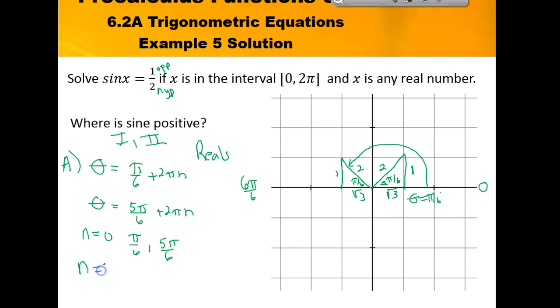But when n is 1, I'm going to get pi over 6 plus 2 pi. Well, 2 pi plus something is going to be over 2 pi, and we have to be between 0 and 2 pi. A good thing to look at is to change this. Since I know it's going to be something over 6, 2 pi is really 12 pi over 6, so we know that the answers have to be between 0 and 12 pi over 6.